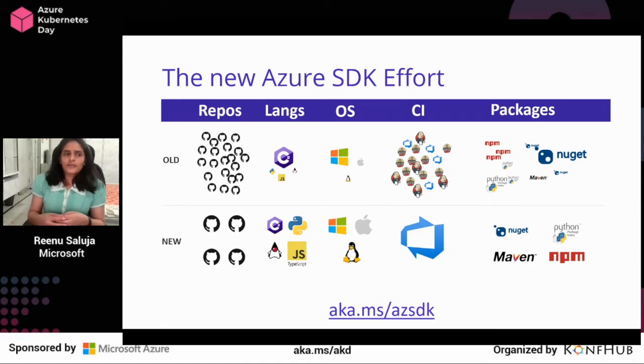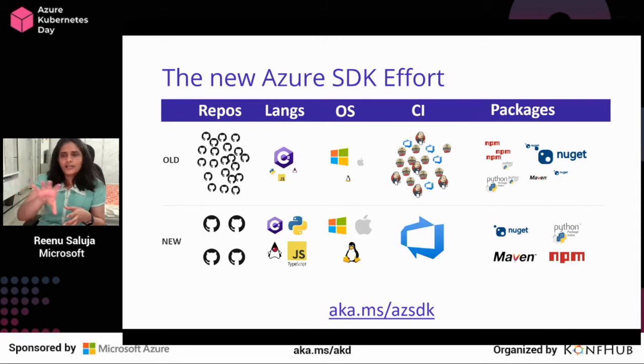A couple of years ago we looked at the landscape of the Azure SDK and discovered that it was spread across so many repositories, using thousands of different languages and services. It's quite hard to keep track, and we don't have a consistent experience across the board. So overall it means loss of productivity.